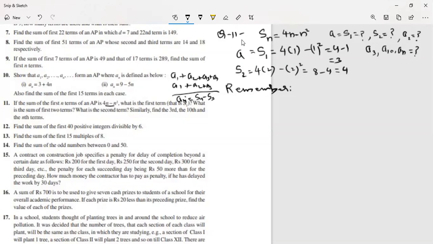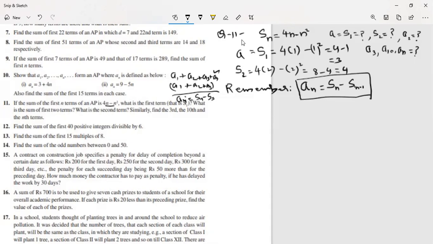So we got the formula: the nth term of a series in terms of the sum of n terms is equal to the sum of n terms minus the sum of n minus 1 terms. This formula will be applied to find any term.